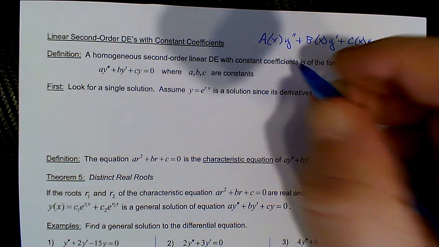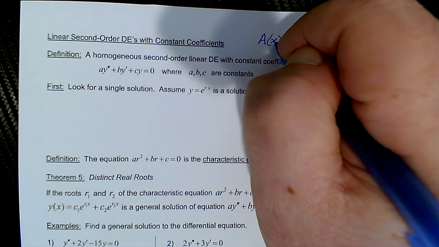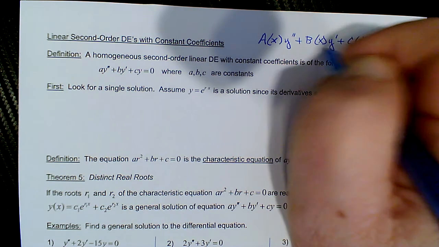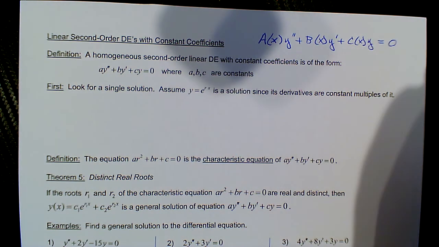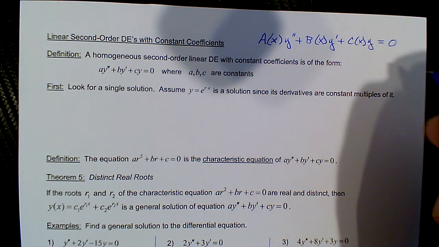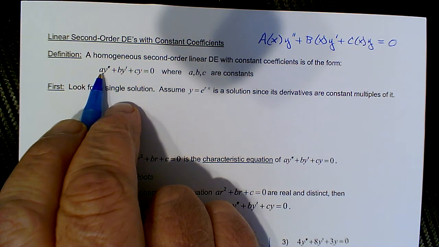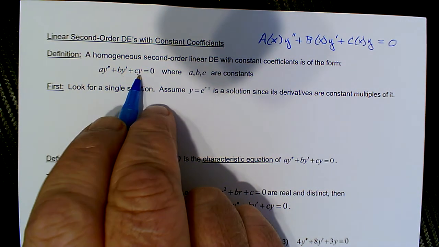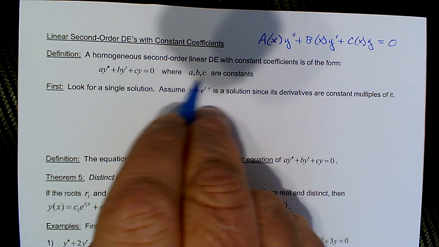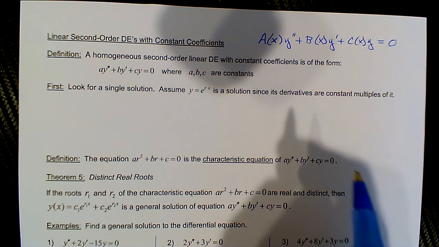And if these are functions of x, we're saying a of x, b of x, and c of x all could be functions of x. But if they're constants, then that equation becomes ay double prime plus by prime plus cy equaling 0. Again, where lowercase a, b, c are constants.